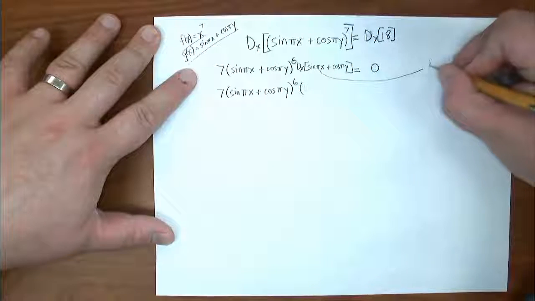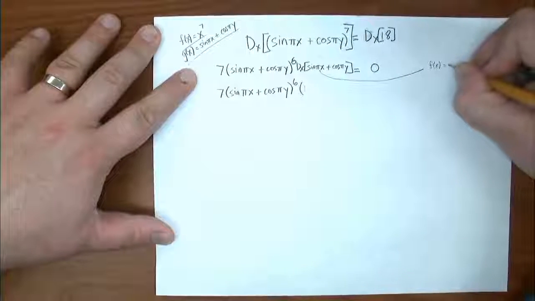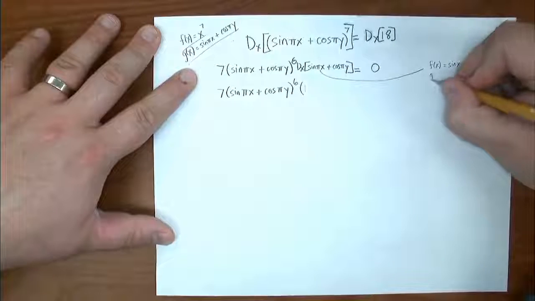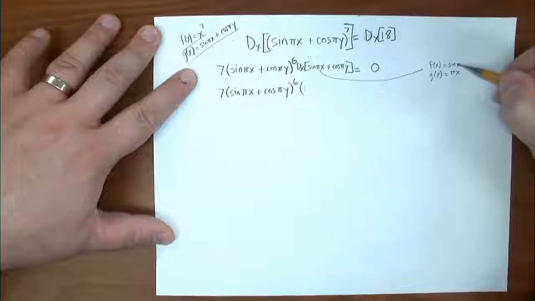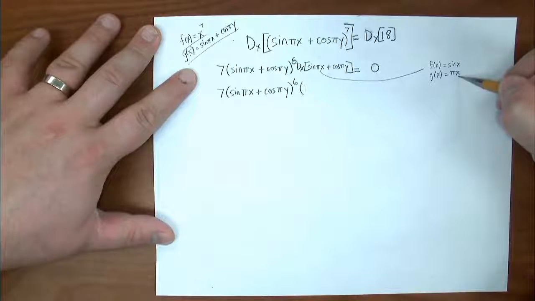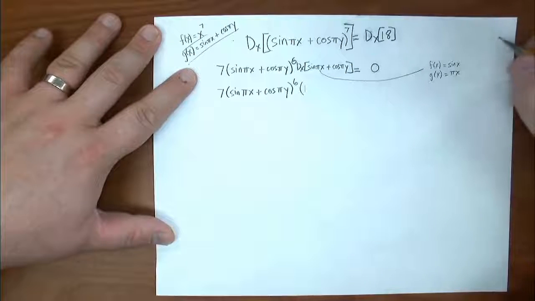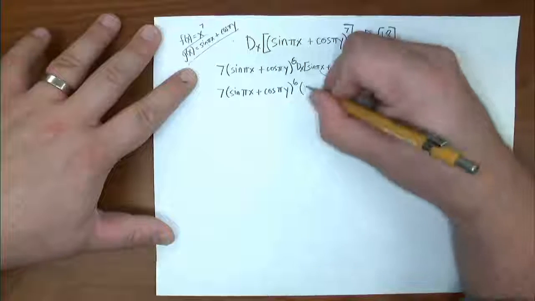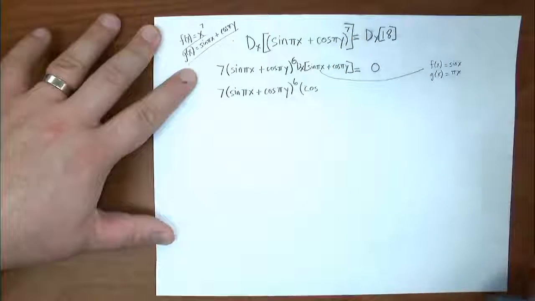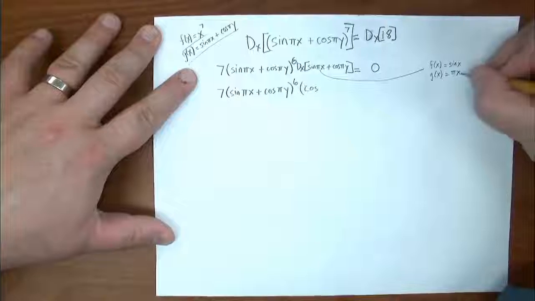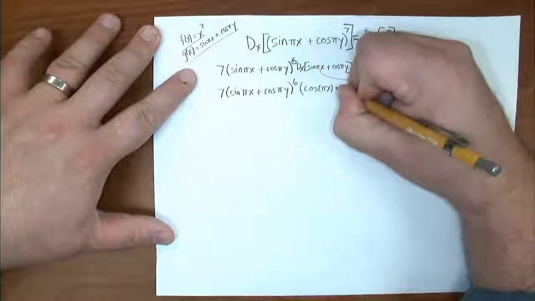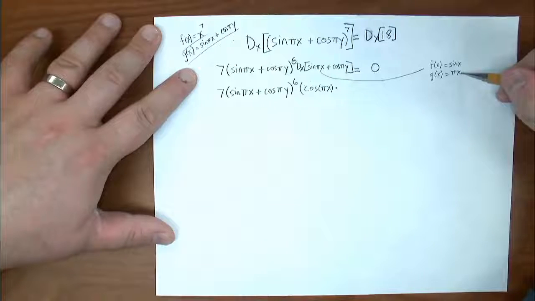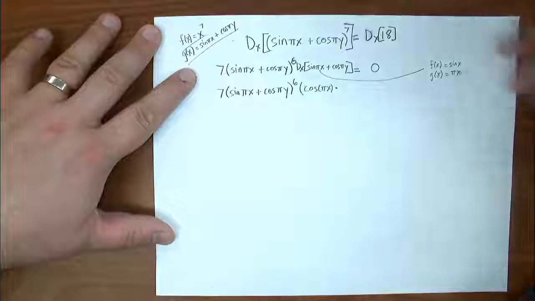If we say f of x is sine x, then g of x would be pi x. So outside function, inside function. We take the derivative of our outside function, which is cosine x, but we evaluate it at our inside function, which is pi x, but we have to multiply by the derivative of our inside function. So what's the derivative of g of x? Well, it's just pi.